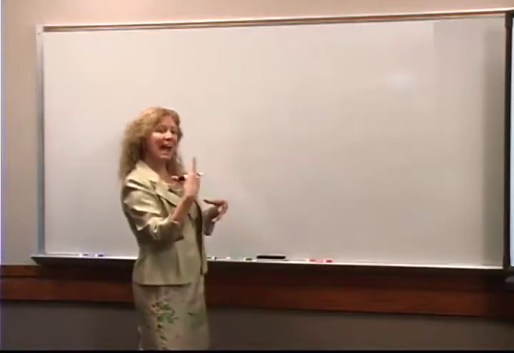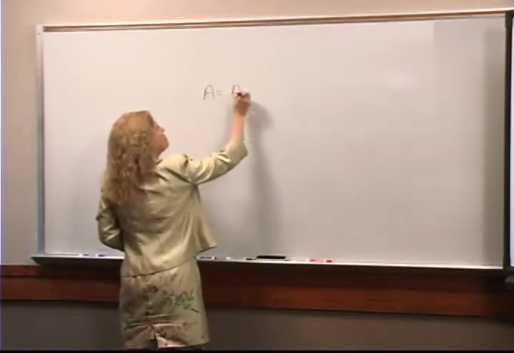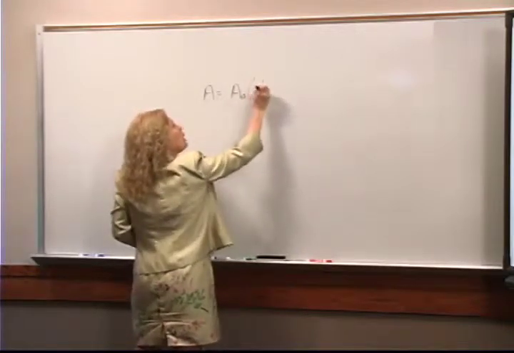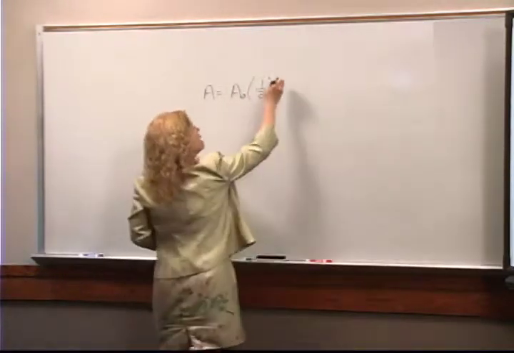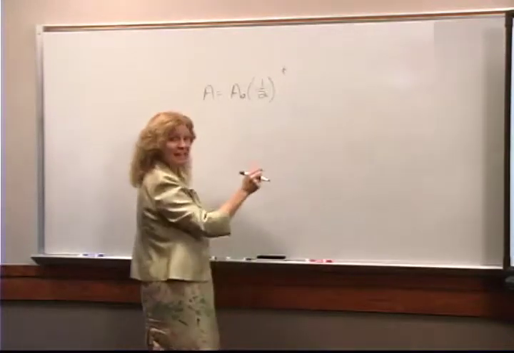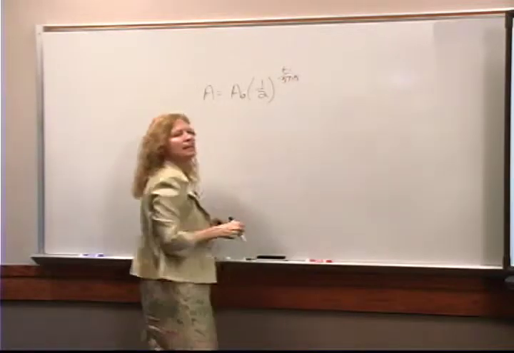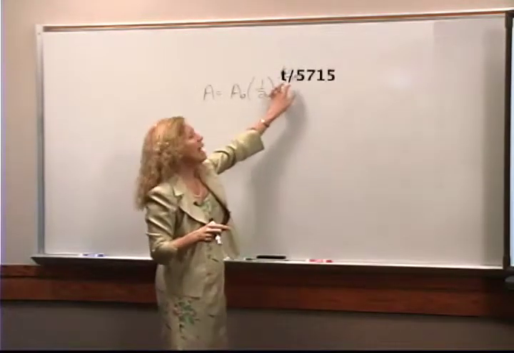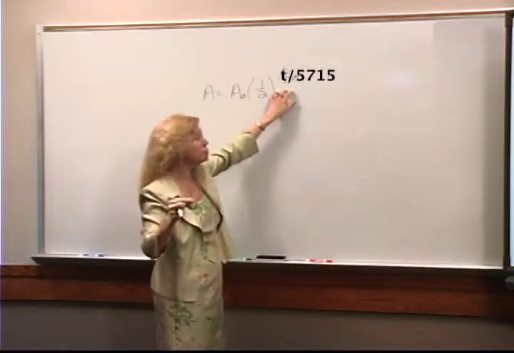If we're going from the half-life perspective, we would have the beginning amount times 1/2, and I'll be nice and use more of the formula, the number of years divided by 5715. Now, the reason I would do that is every half-life is 5,715 years.